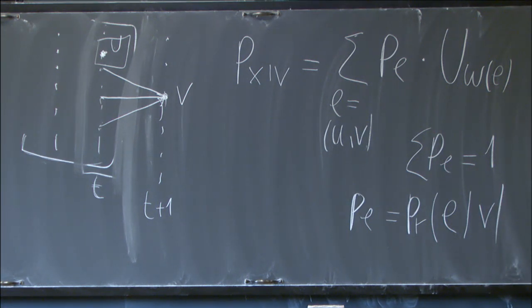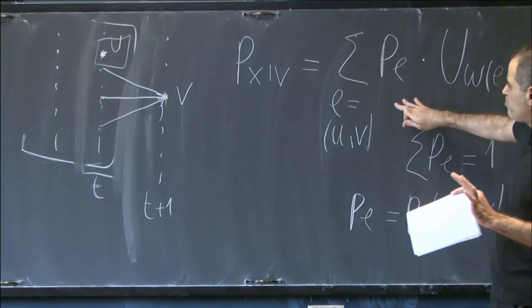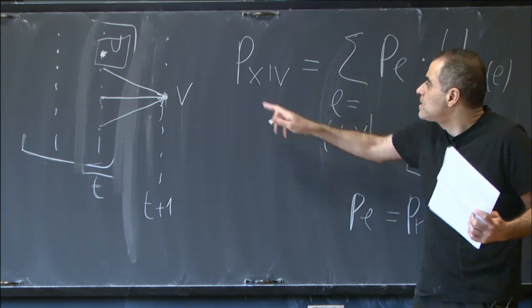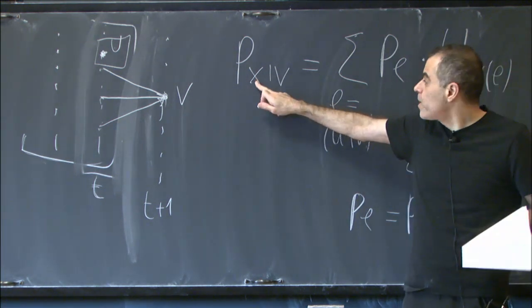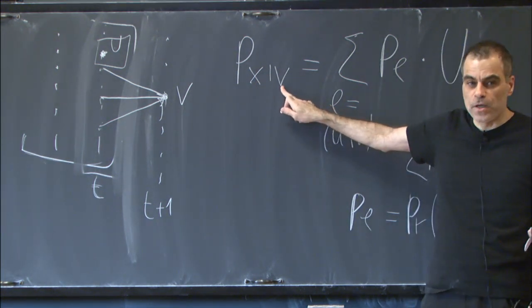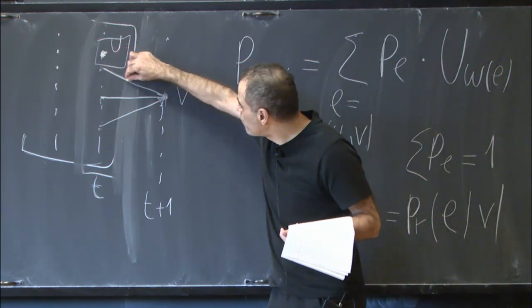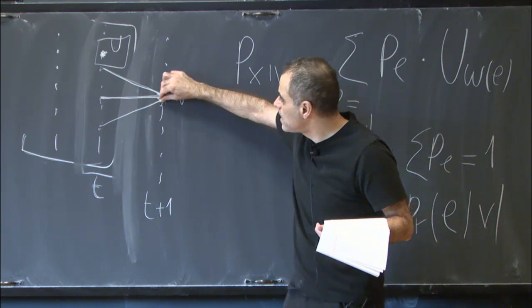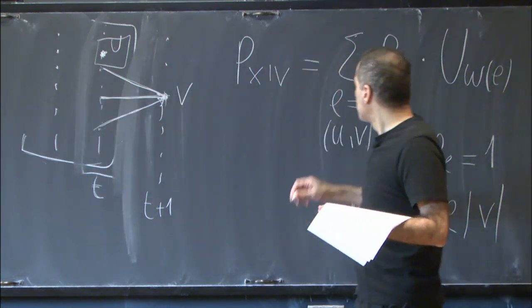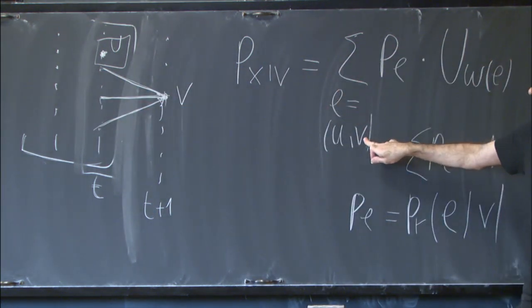But it's not so important what this definition is. So let me explain. We want to see what is the distribution of X conditioned on arriving to V. So if we arrived at the vertex V, we must have crossed one of these edges. So we sum over all these edges.